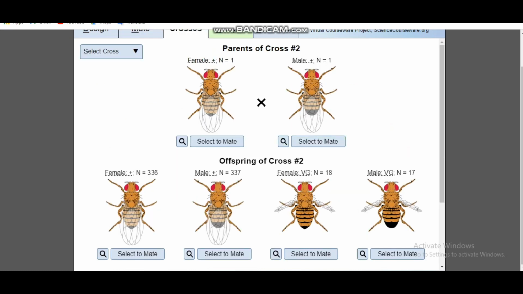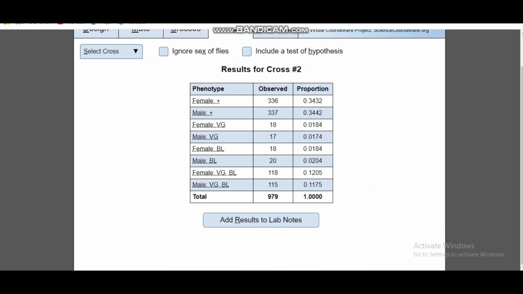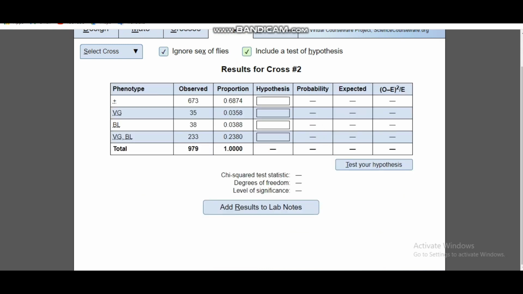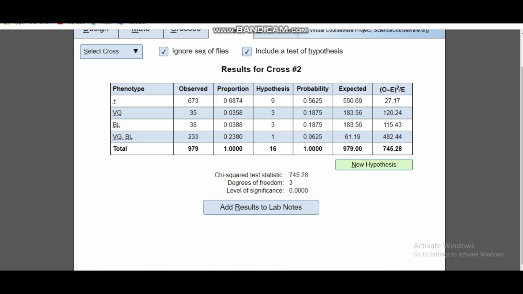After we got this, we go to analyze, and then this is the result. And this is the hypothesis 9, 3, 3, 1. That's the hypothesis.